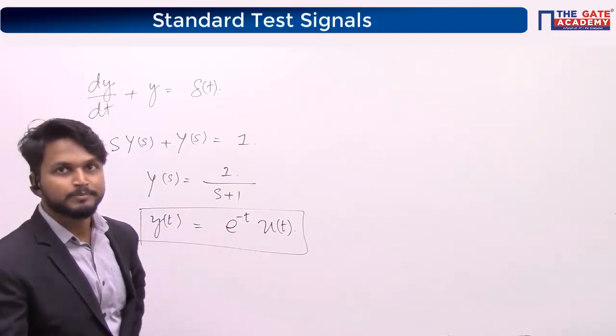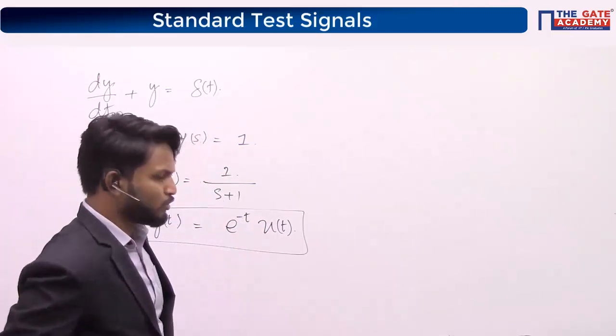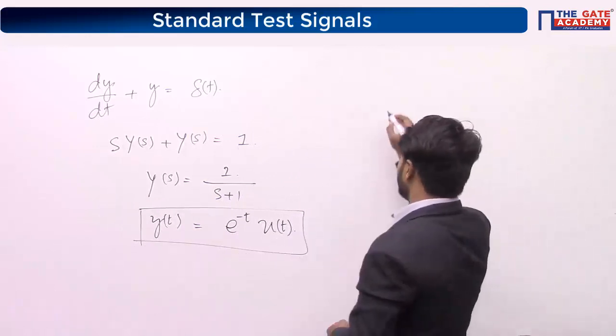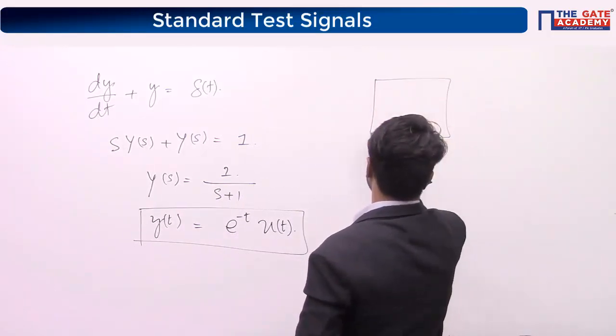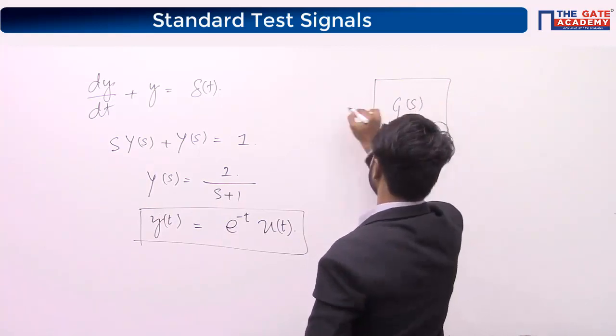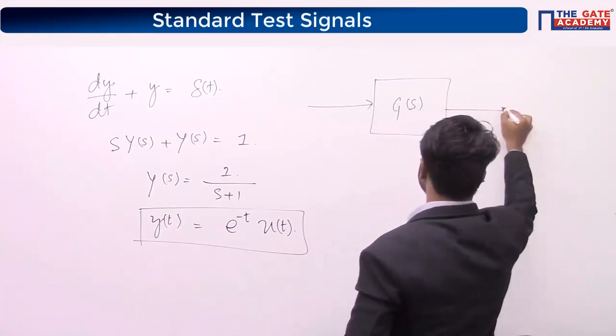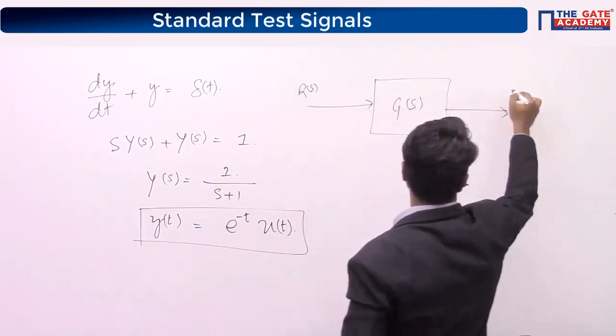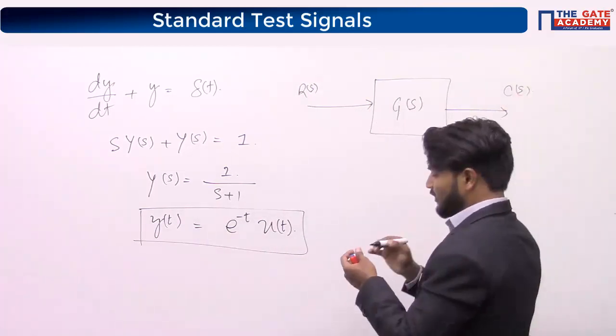Is it fine? Yes. So here one thing you need to notice is, let us say we have some system G of s. G of s is our system, R of s is the input to that, and C of s is the output, right?